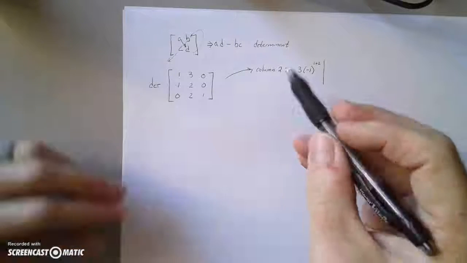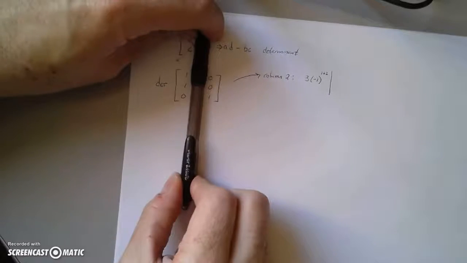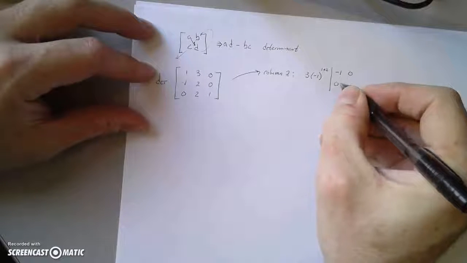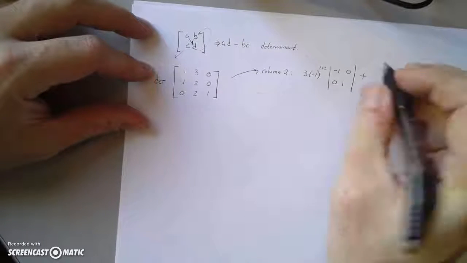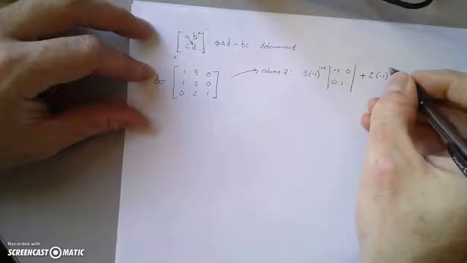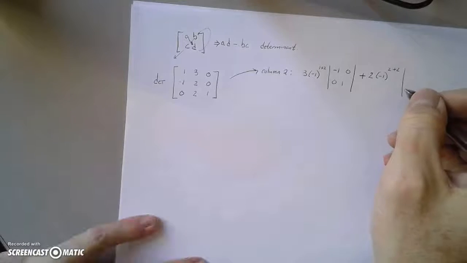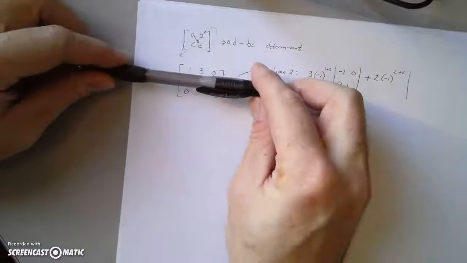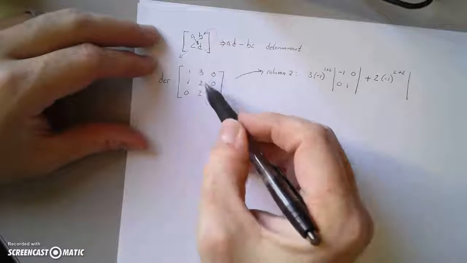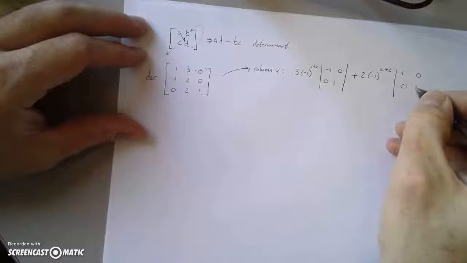That matrix is what you get by blocking out the first row and the second column, so it's these four numbers, minus 1, 0, 0, 1, plus the next number in our column, 2 times minus 1 to the address, second row, second column, times the determinant of a 2 by 2 matrix, which we get by blocking out the second row and the second column, leaving these corners of the matrix. So 1, 0, 0, 1.